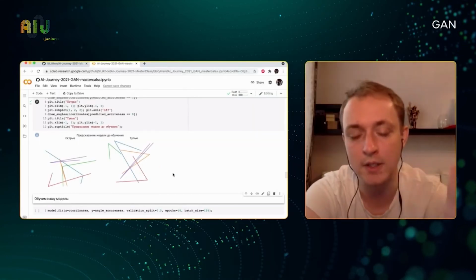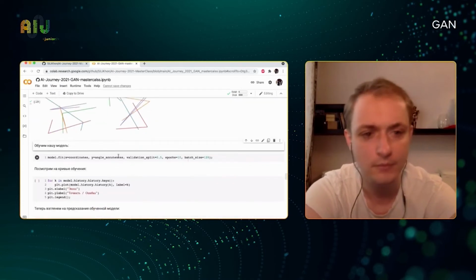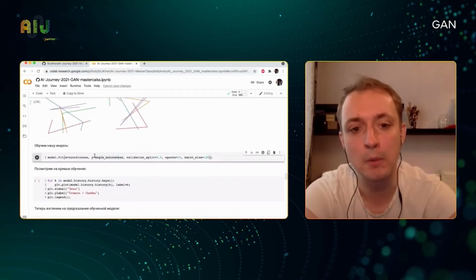The model doesn't know anything, so it classifies them randomly, and in both categories you have both types.